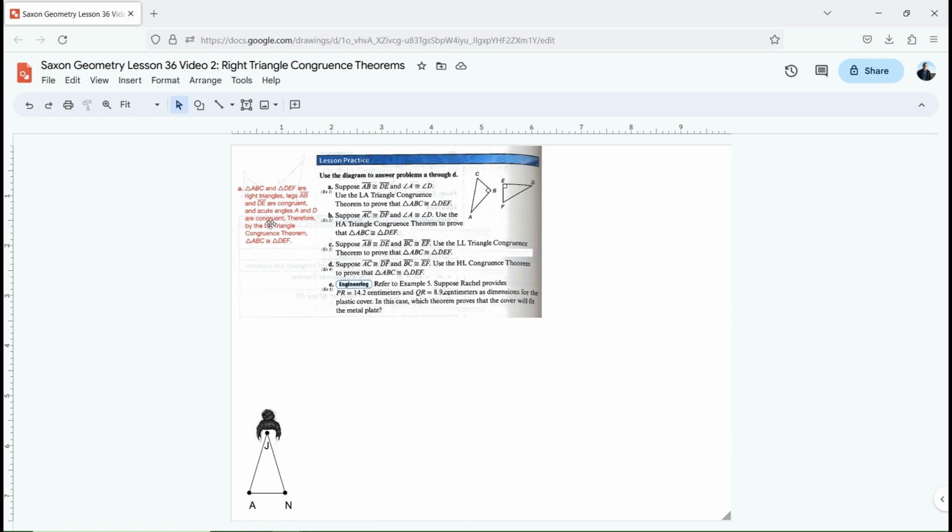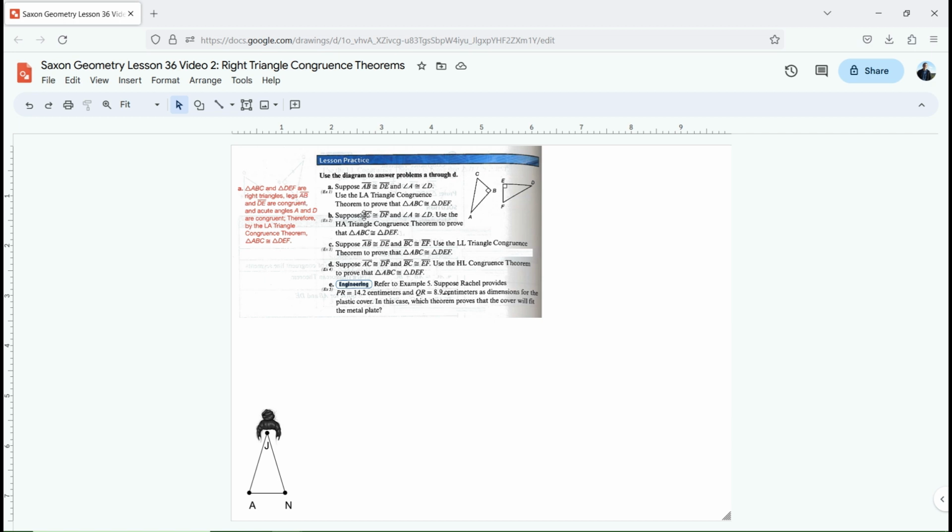Now we have two right triangles with a congruent angle and a congruent leg. So by LA congruence, triangle ABC is congruent to triangle DEF. All I had to do was prove that they're right triangles, that a leg is congruent, and that an angle is congruent.